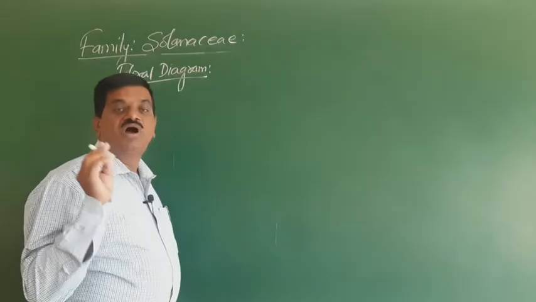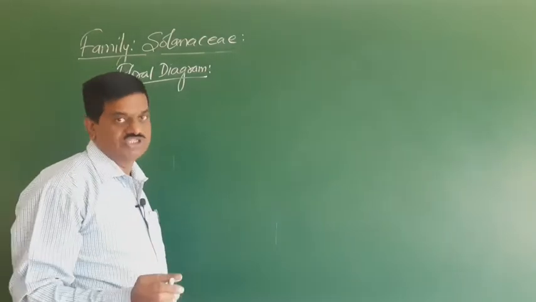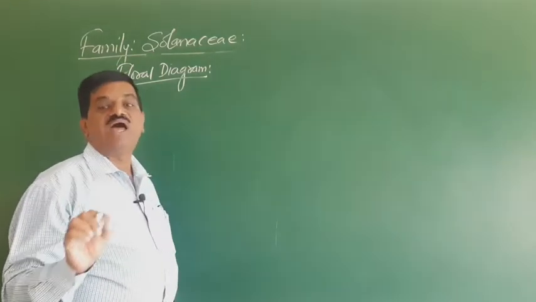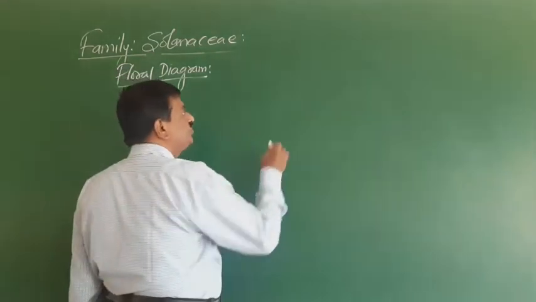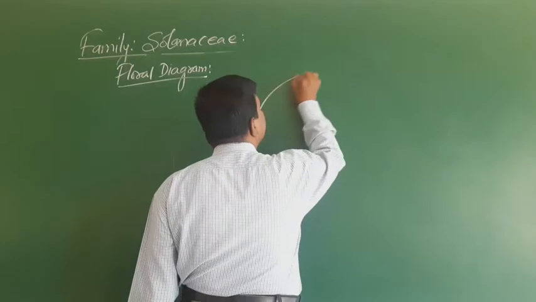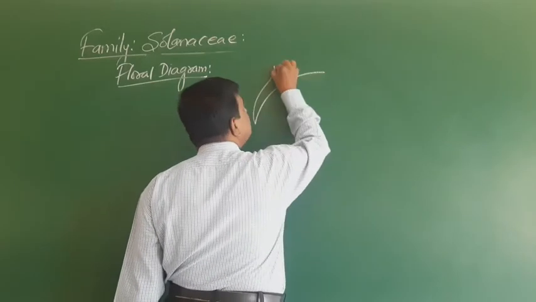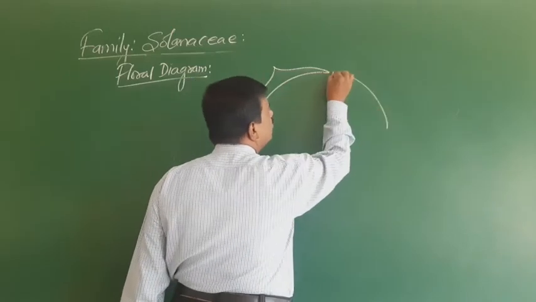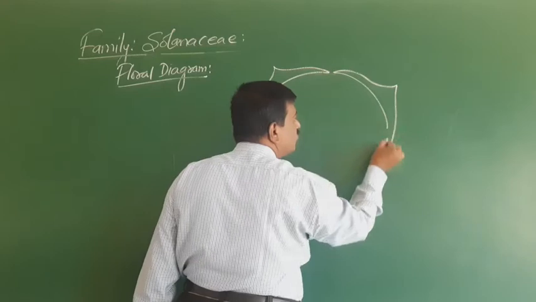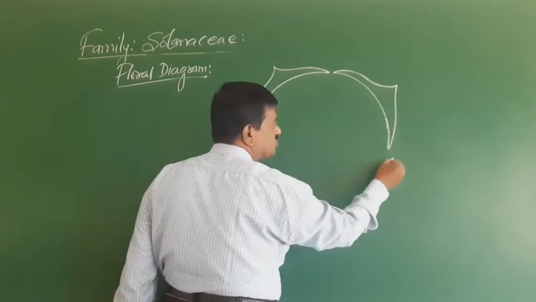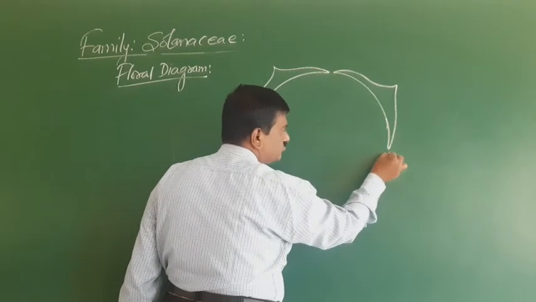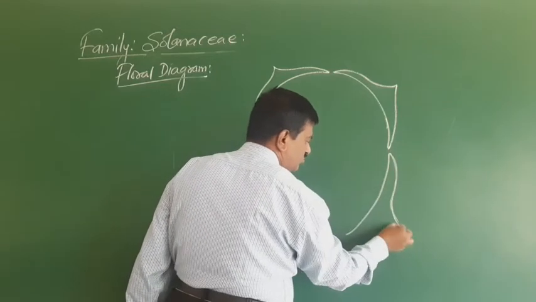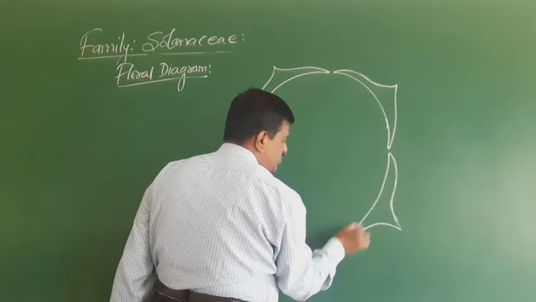All the 5 sepals are fused, called as gamosepalous, and the estivation is valvate estivation. So here I am going to start this. So here this is called as the first one. This is called as second one. And this is third one.